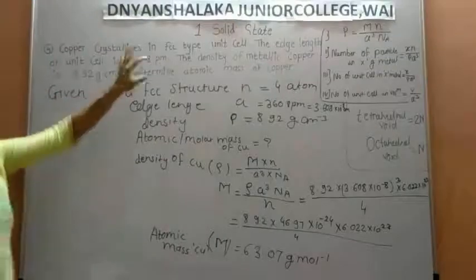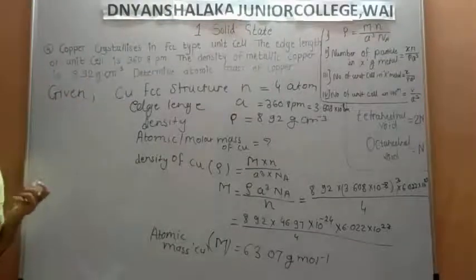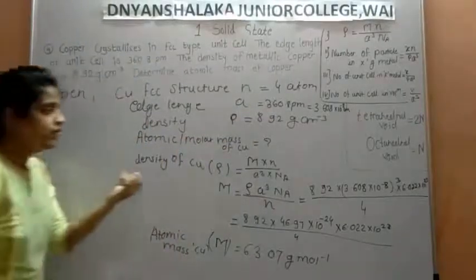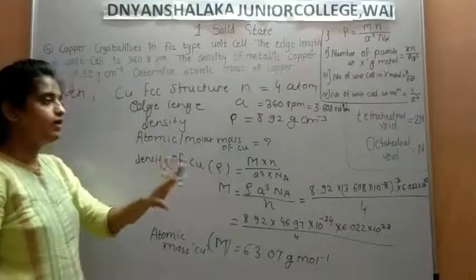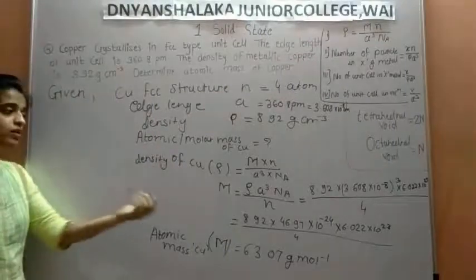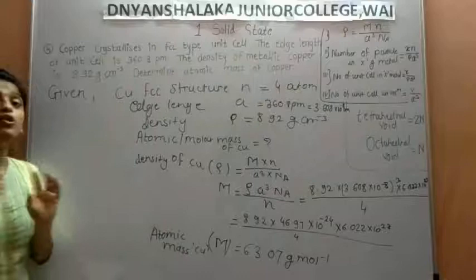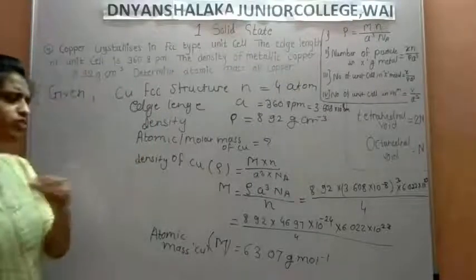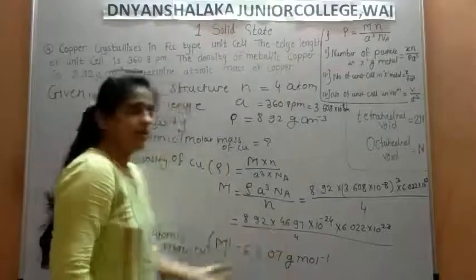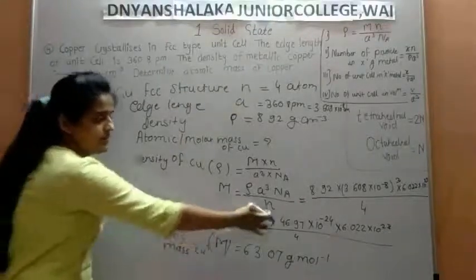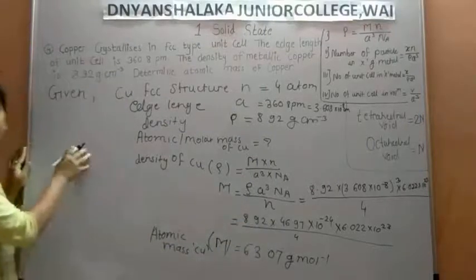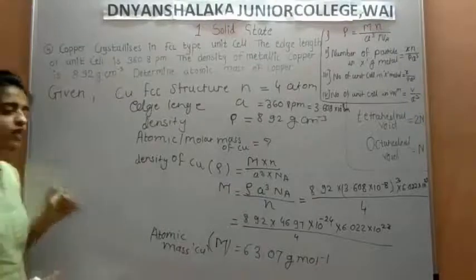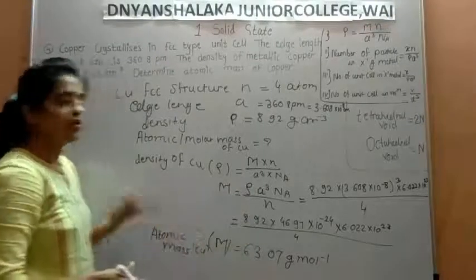Means first we identify the given values and convert picometer into centimeter for edge length, and using the correct formula, putting these values and solving the mathematics using a log table. This was a simple calculation with small values, simple multiplication or division, but in examination the values are very large, so they cannot be calculated easily.